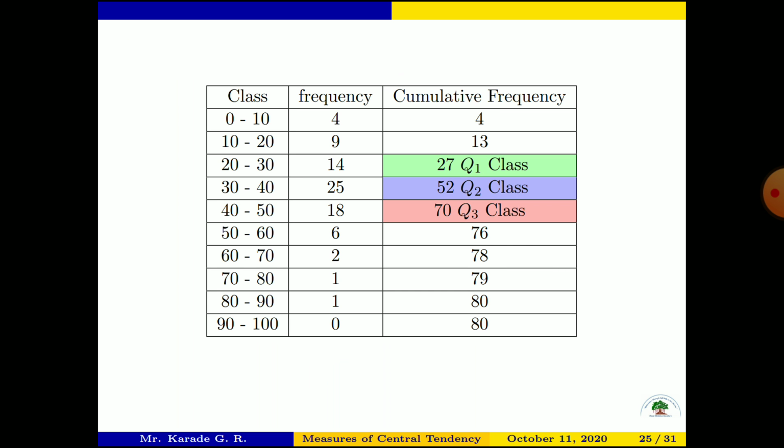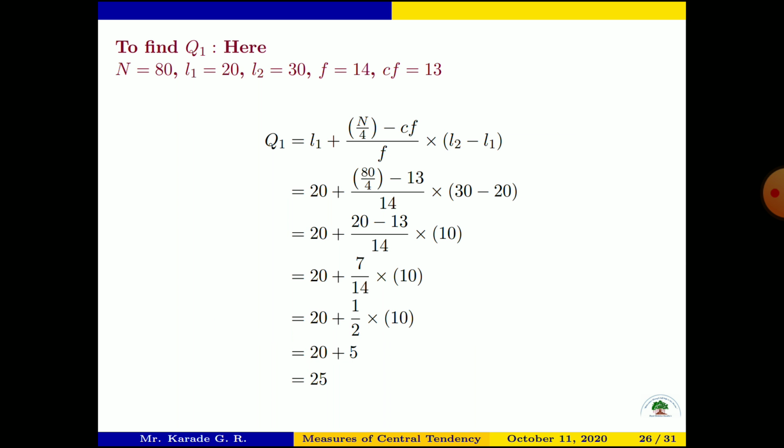The cell before the green one, in which there is 13, that is nothing but our CF for first quartile. CF means cumulative frequency for first quartile. So first quartile Q1 is equal to L1 plus n by 4 minus CF whole divided by F into L2 minus L1.